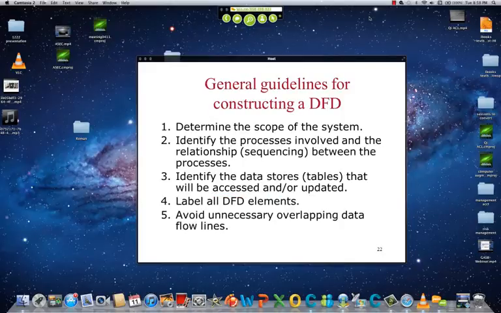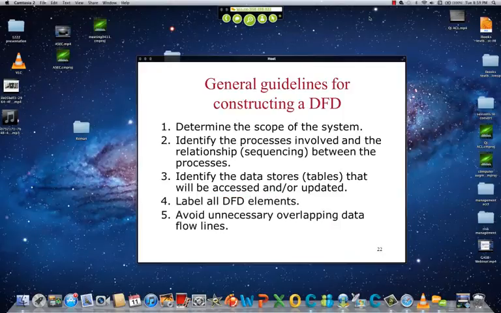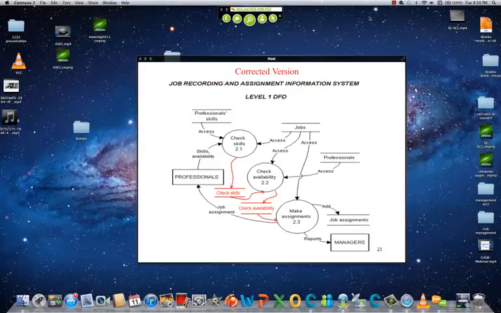You need to label all of them, right? So if it's the level 0 DFD, it will be 1.0, 2.0, 3.0, and so on. If it's level 1, we'd say 2.1, 2.2, 2.3, and so on. Okay, and if possible, you have to do everything neatly. You don't want those arrows to overlap. Oh, by the way, look, here are 2 arrows which overlap.